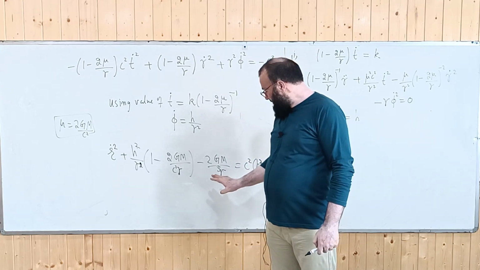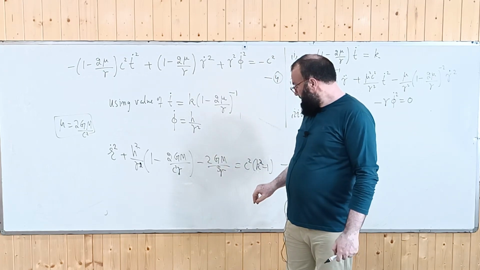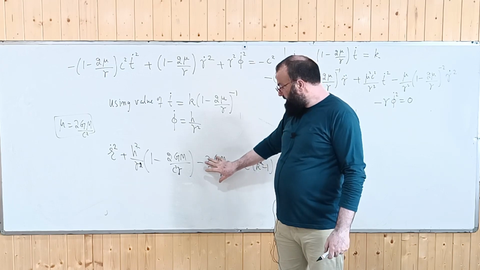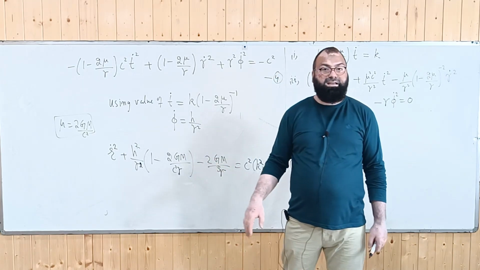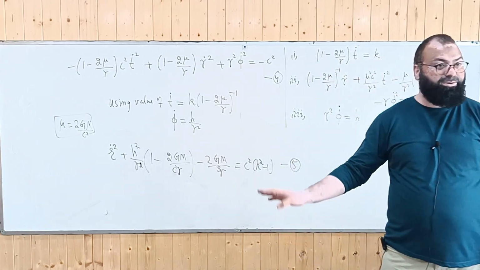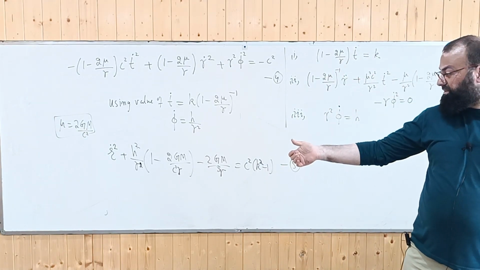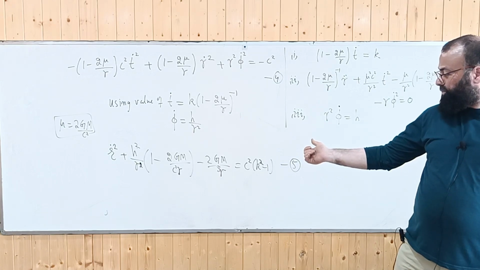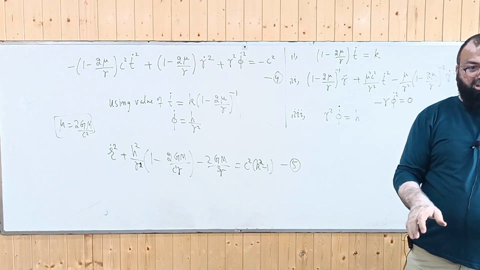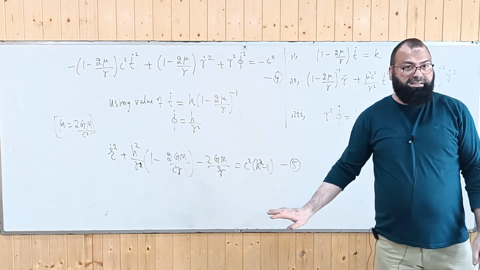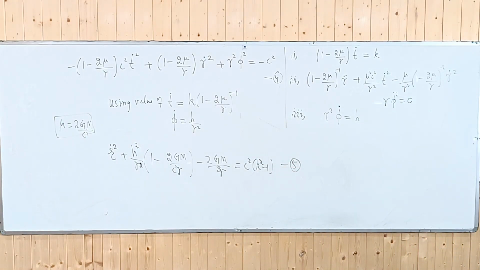Let's keep this term for the time being. So what you get is r dot square equal to this. It is the same as Newton's equation. If you double differentiate it, r double dot equals minus gm by r, which is what we have seen for free fall. So let's try to do it tomorrow in the next lecture because it's already late.